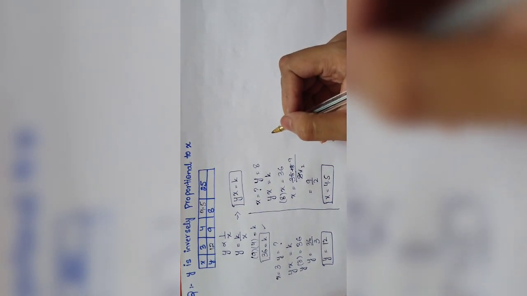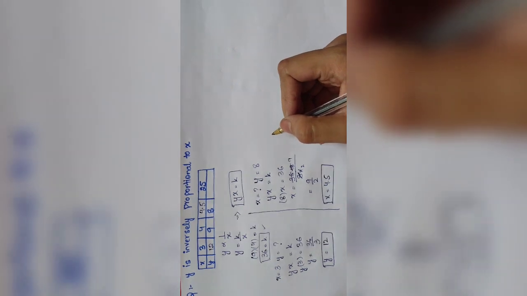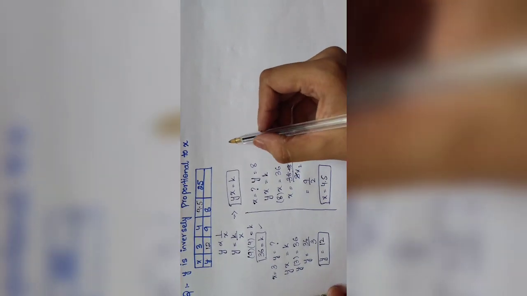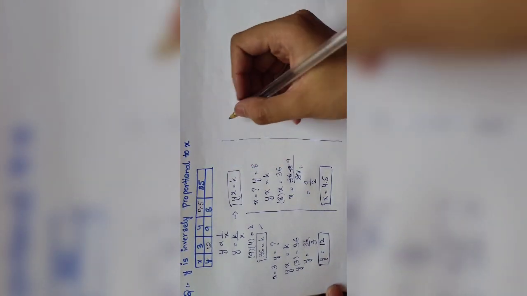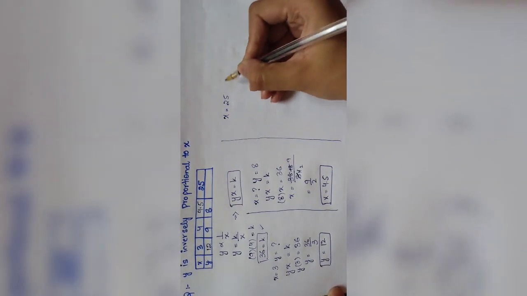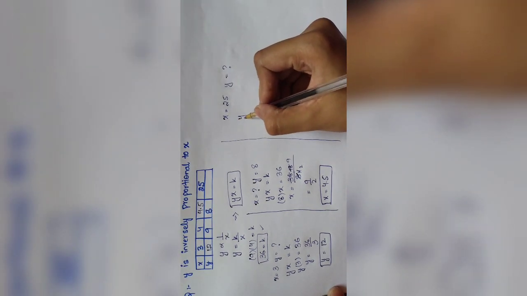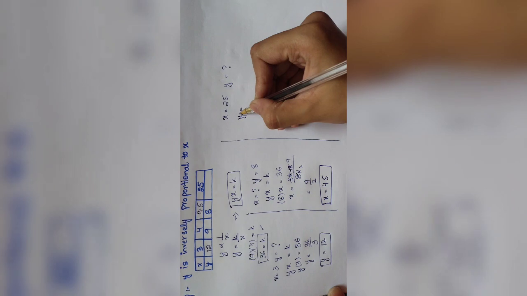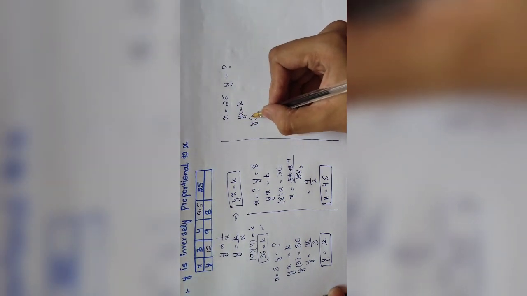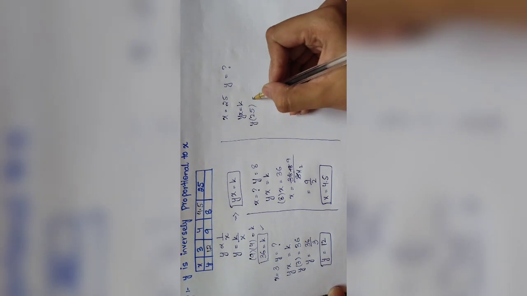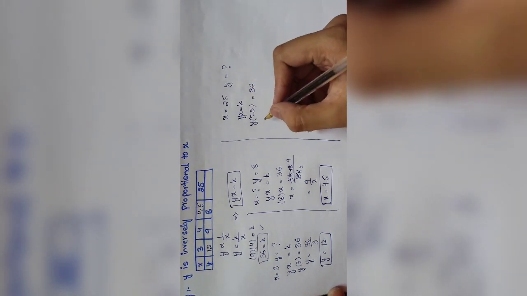Next, we are given the value of x is equal to 25 and y is unknown. Our equation is y into x is equal to k. Y is unknown, x is 25, is equal to k, which we know is 36.